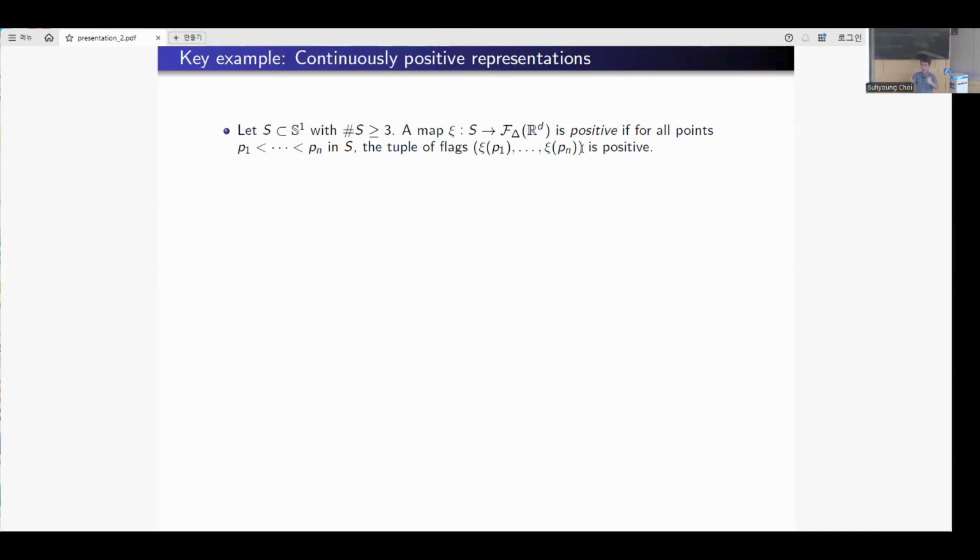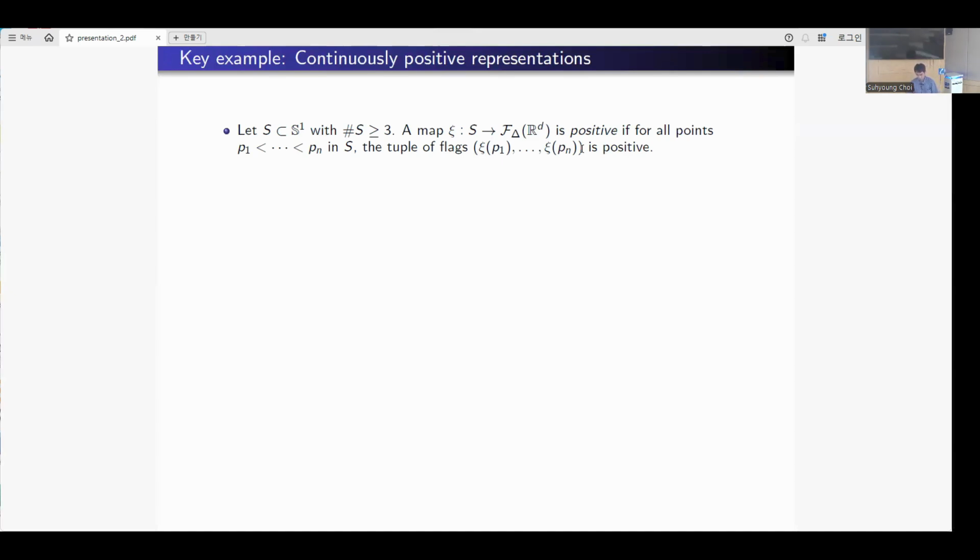The positive tuples of flags are exactly what we've been looking at in Francis' mini course so far. Any questions about this? So here is full flags, F delta. This only makes sense for full flags. Any other questions?